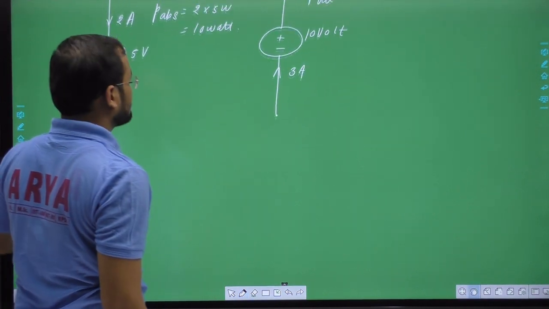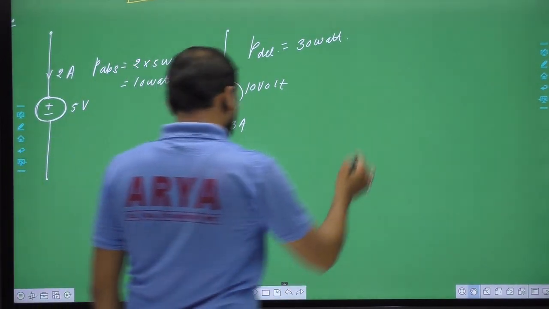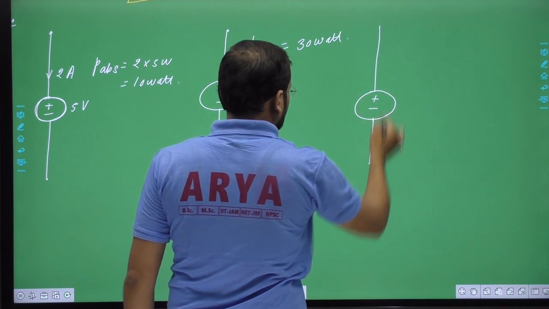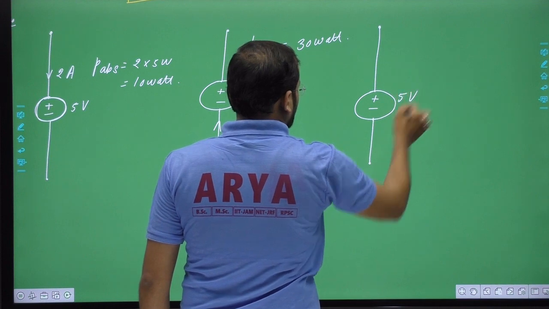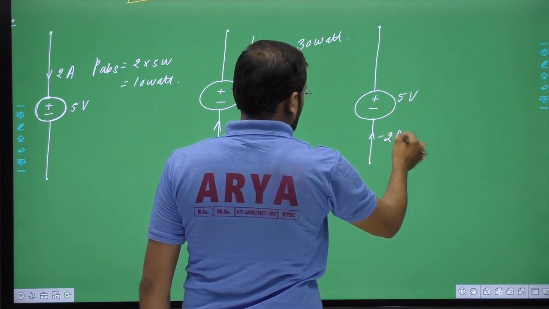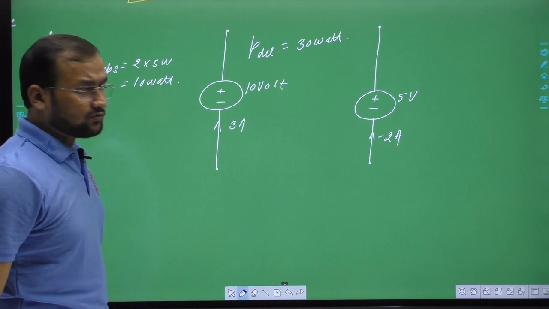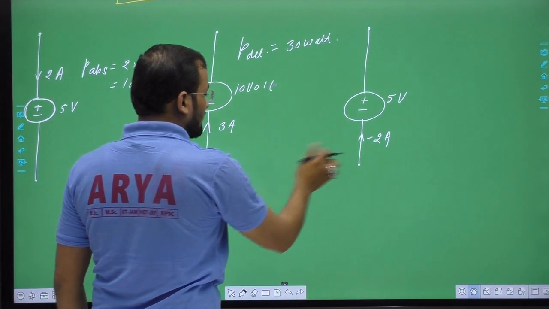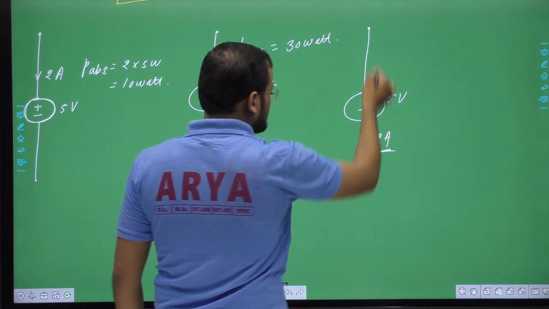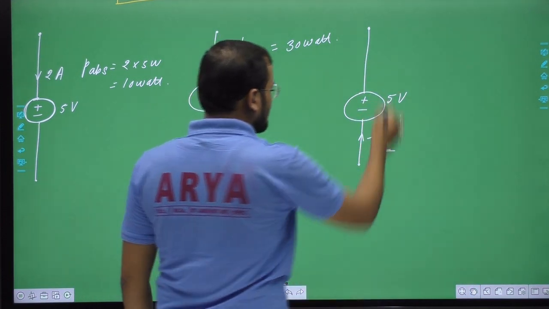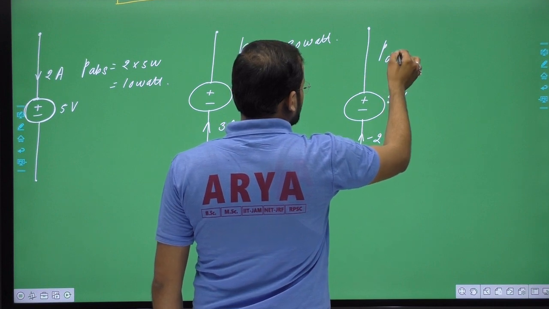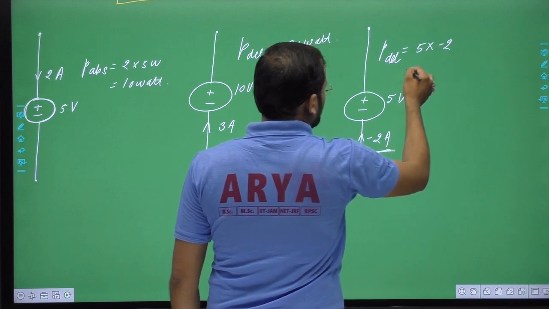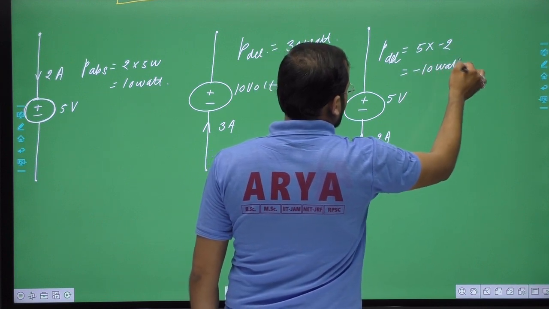Next, if negative current is entering into the negative terminal, here also this current is leaving from the positive terminal, so power delivered will be equal to 5 multiplied with minus 2, minus 10 watt.